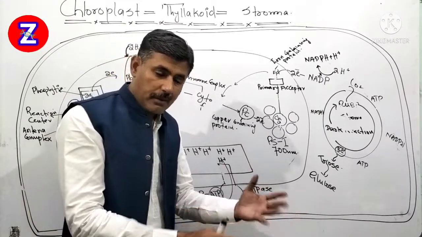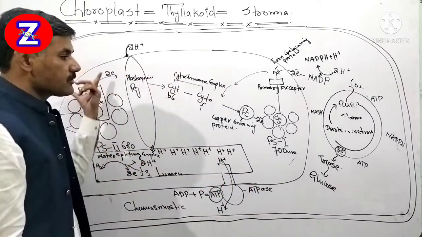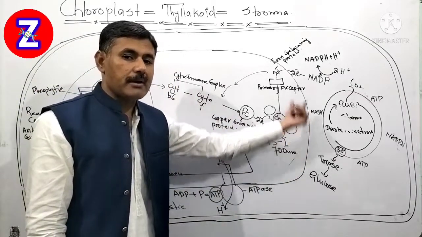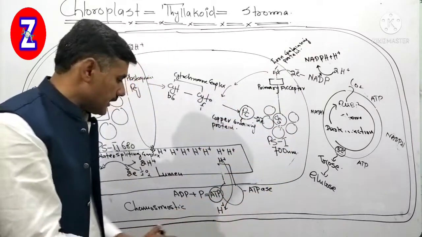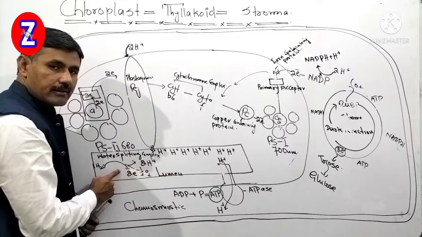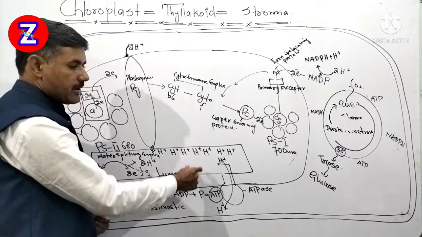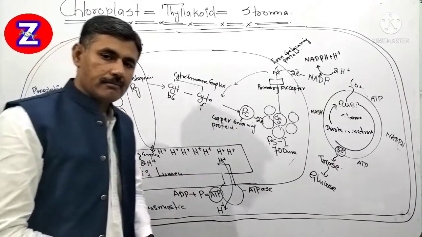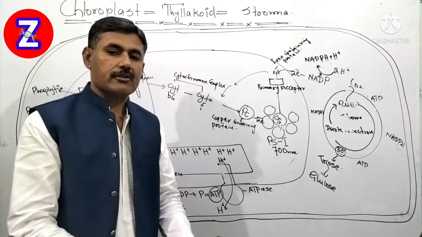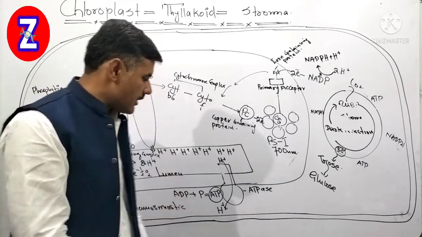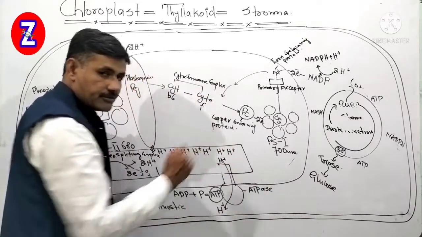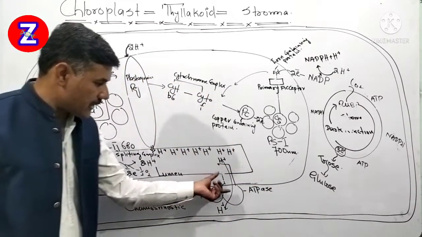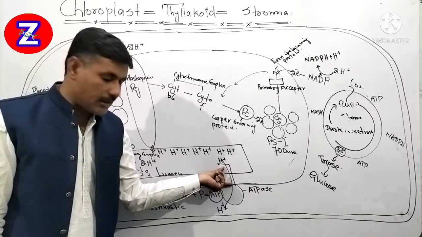So by these two processes, either the non-cyclic process or the cyclic process, protons are continuously pumped inside the lumen of the thylakoid, and from this lumen, where protons are at a higher concentration, they would move from higher concentration to lower concentration, from the lumen into the stroma. We study here another structure present in the thylakoid membrane.